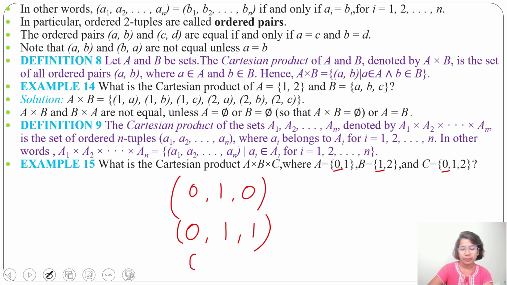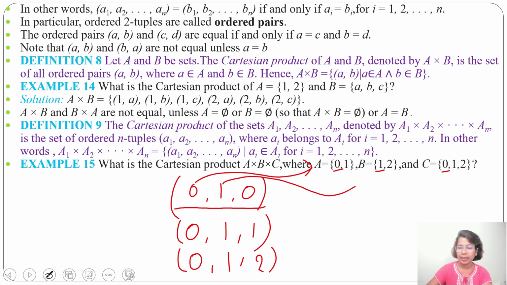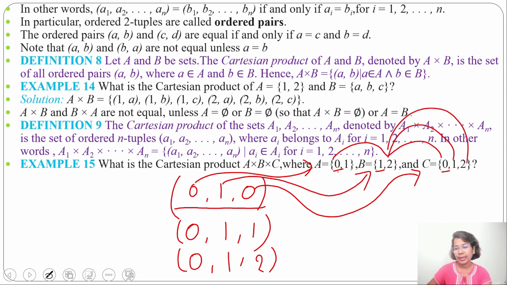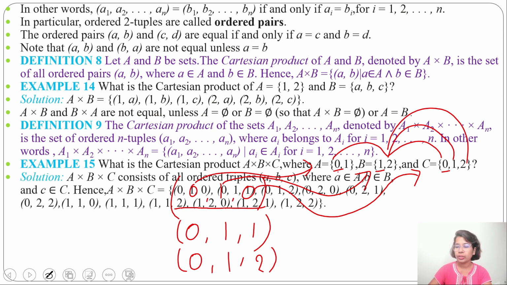Next, again from set A 0, set B 1, from set C 2. So in every ordered triple, the first element is from set A, the second from set B, the third from set C. Like this we will do (0, 1, 0), (0, 1, 1), (0, 1, 2). Next (0, 2, 0), (0, 2, 1), (0, 2, 2). Next (1, 1, 0), (1, 1, 1), (1, 1, 2), and (1, 2, 0), (1, 2, 1), (1, 2, 2).